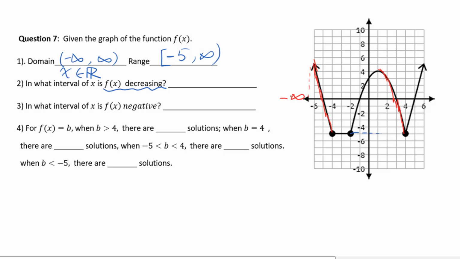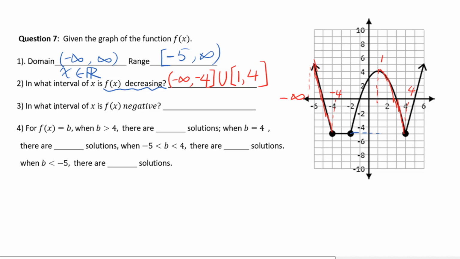It will be from negative infinity to -4. For increasing or decreasing, you can use open parentheses or bracket. It doesn't matter. Union with this is 1. Here is 4. So close the interval from 1 to 4.